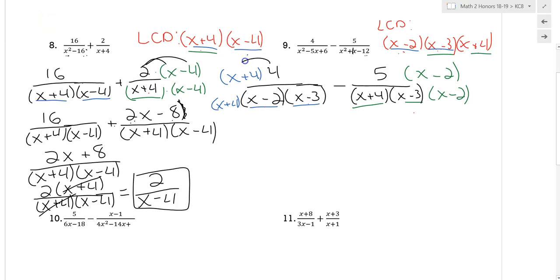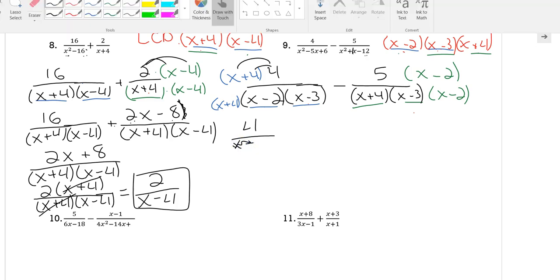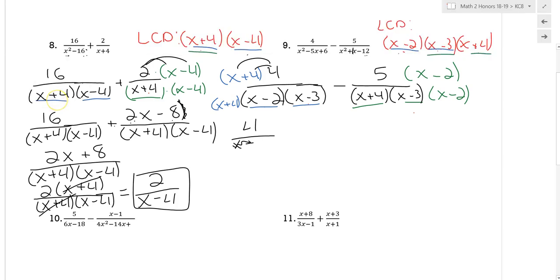So now rewriting, we're going to distribute this. So we have 4x plus 16 over. The order I write these is the same order as I wrote it up here, no matter what this is. So that's x minus 2, x minus 3, x plus 4.